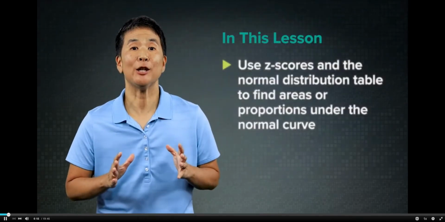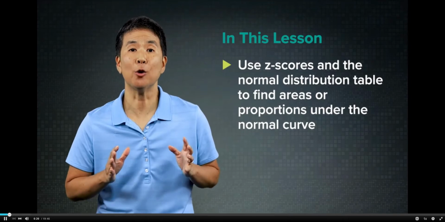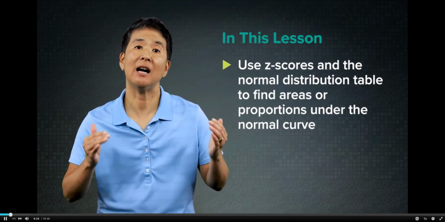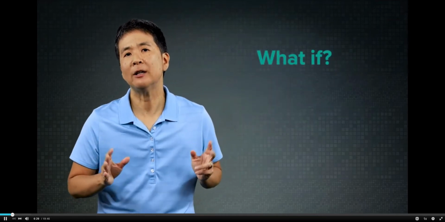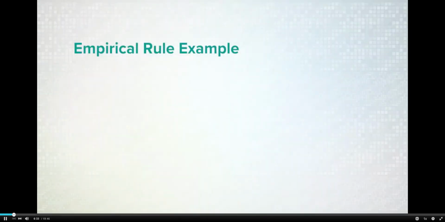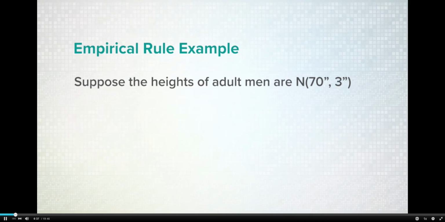In this lesson, you will use z-scores and the normal distribution table to find areas or proportions under the normal curve. So remember our what if from the lesson on empirical rule? In that lesson, one of the examples was, suppose the heights of adult men are normally distributed with a mean of 70 and a standard deviation of 3.